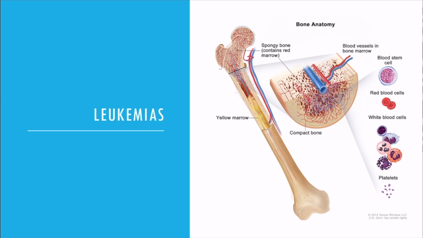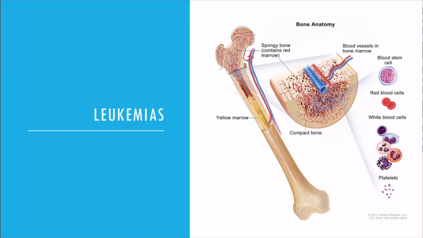So because we're talking about leukemias, we're talking about the cancer, and the problem is in the bone marrow. Now, the bone marrow is where we develop our blood cells. So when you have a cancer that is causing abnormal proliferation of a certain cell type, it's going to be running all the cell-making factories at once and making a ton of cells.